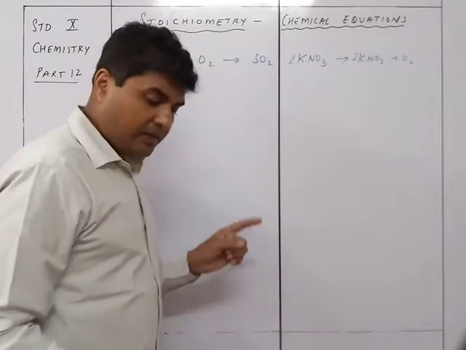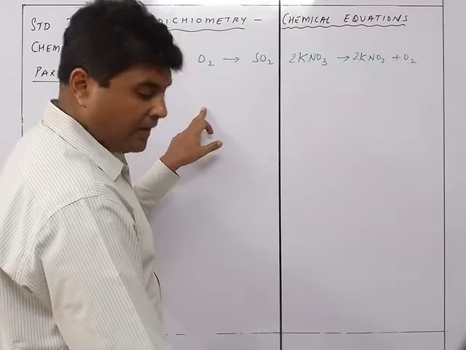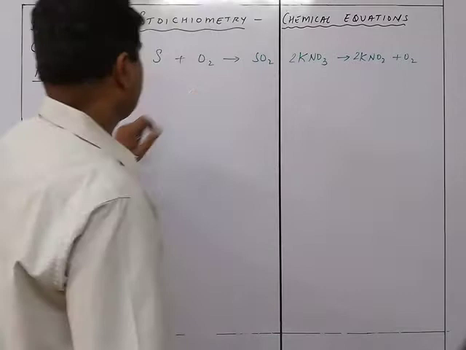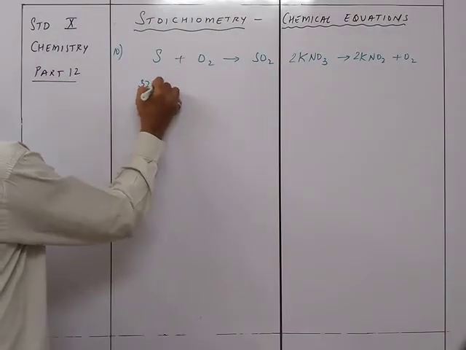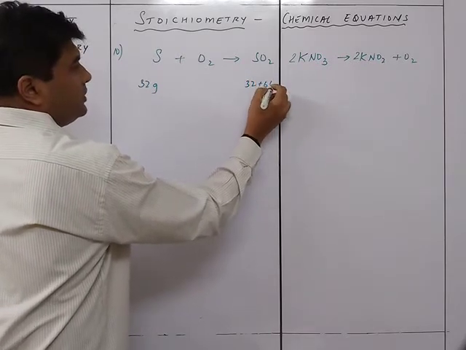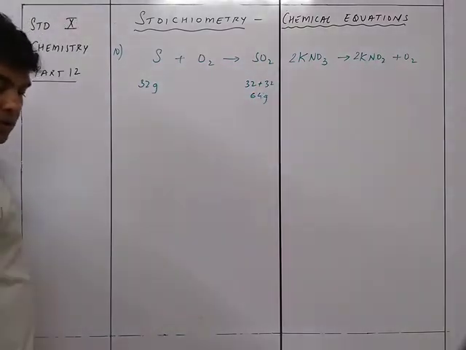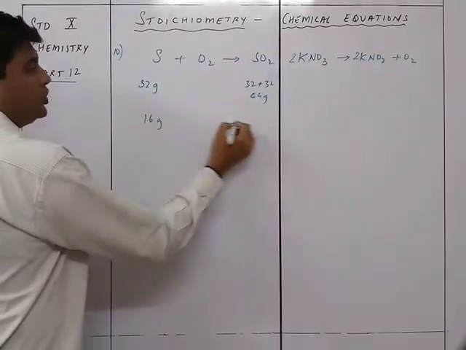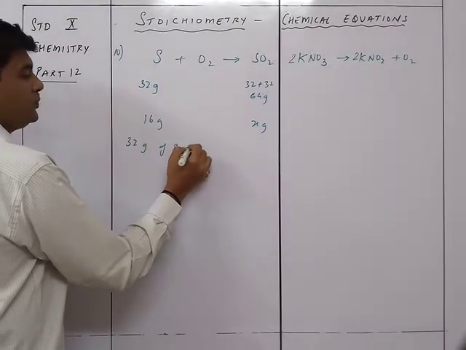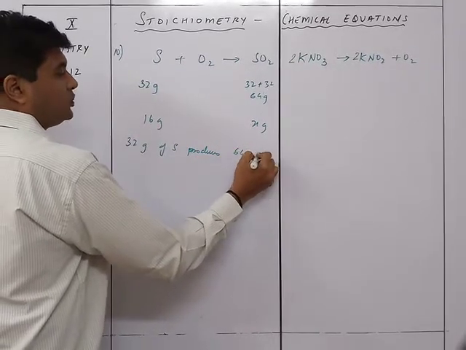Now they have given you that 16 grams of this burns to give you X cc of oxygen, and you need to find out how much of this will be required to give you the same amount of oxygen. So first of all over here it is 32 grams by GMM, and this is 32 plus 32, that is 64 grams. So 32 grams of S produces 64 grams SO2.